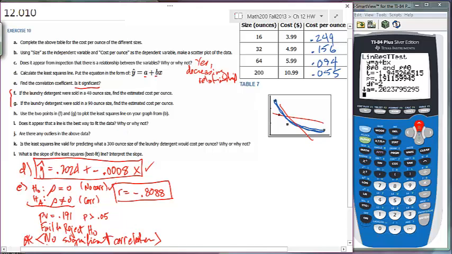The issue that I have here is that this particular set has no significant correlation, and when you have no significant correlation, you really should not be using the least squares line.